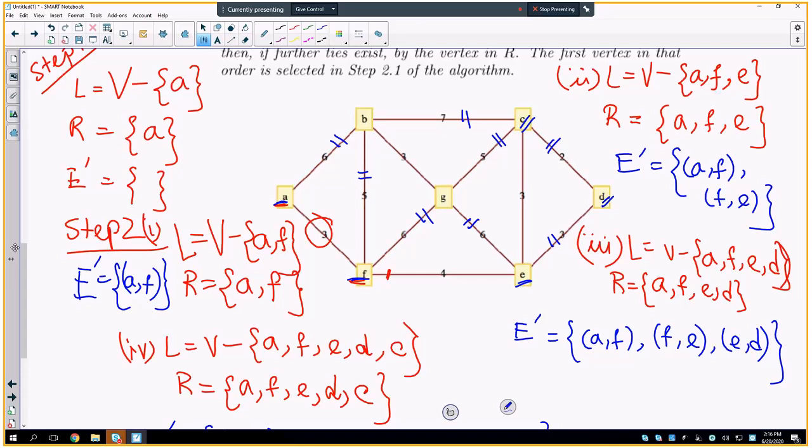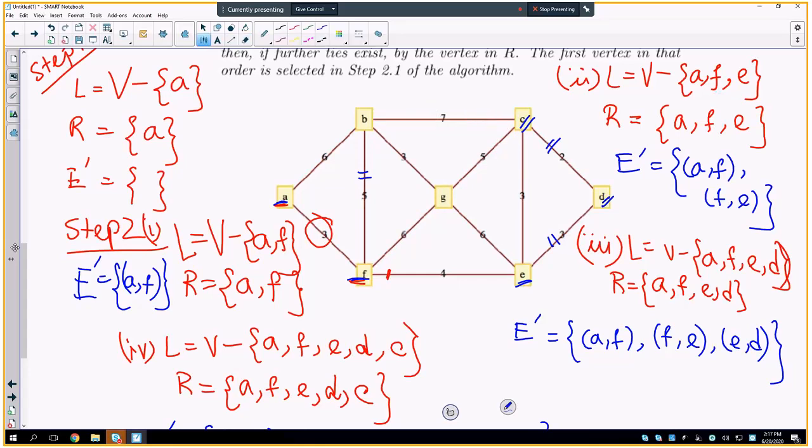The minimum weight is 5. I can either choose between F and B, or I can choose between C and G. One of them. So let's just choose between F and B. Because that's a minimum weight, I will get rid of the rest of my options.